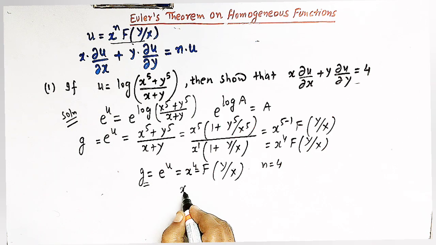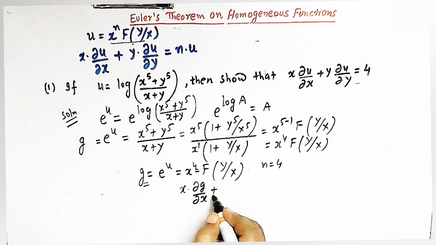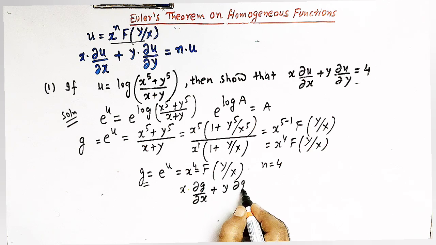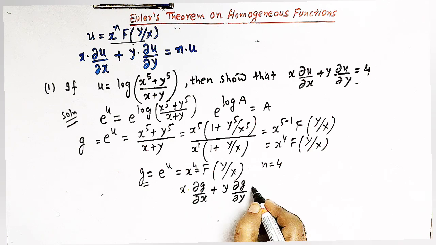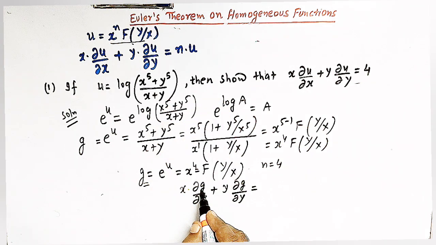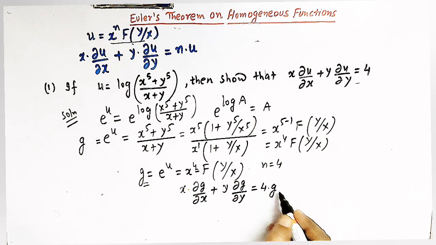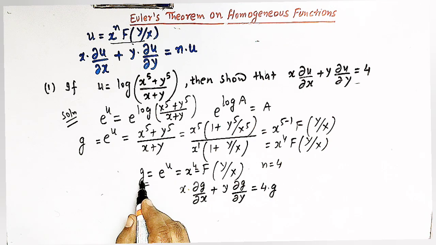So we have x times ∂g/∂x plus y times ∂g/∂y is equal to n times g, that is 4 times g, right? Now for g we can substitute e^u.